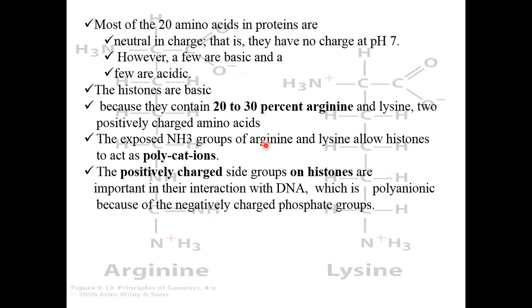The histones are actually basic because they contain 20 to 30% arginine and lysine, two positively charged amino acids. Because arginine and lysine make up 20 to 30% of the histone protein, the histone protein is basic.